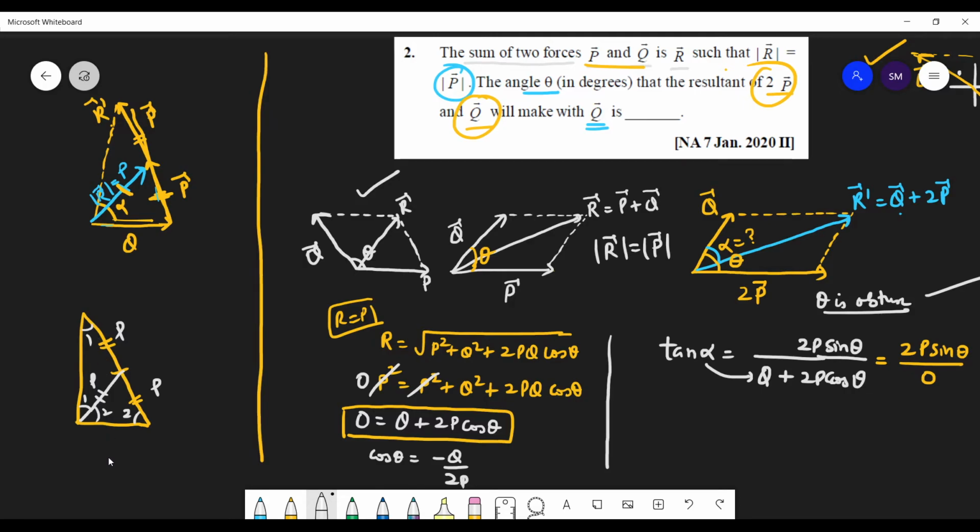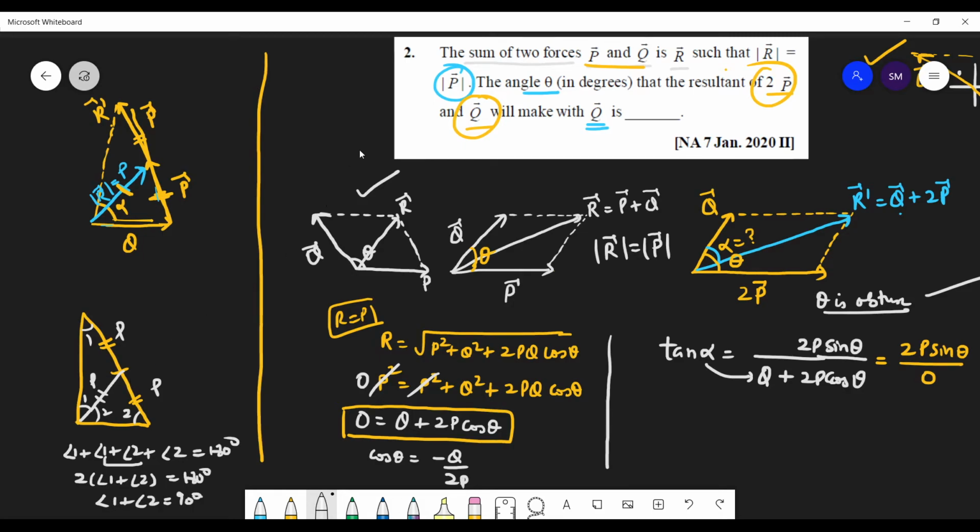Now the sum of all angles of the triangle: angle 1 plus angle 1 plus angle 2 plus angle 2 is 180 degrees. So twice of angle 1 plus 2 is 180 degrees, so angle 1 plus 2 equals 90 degrees.